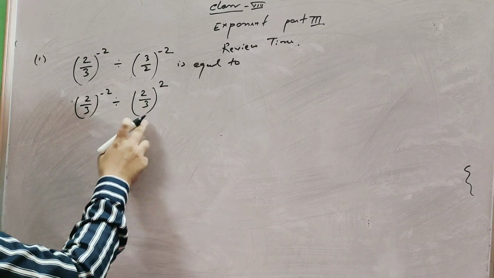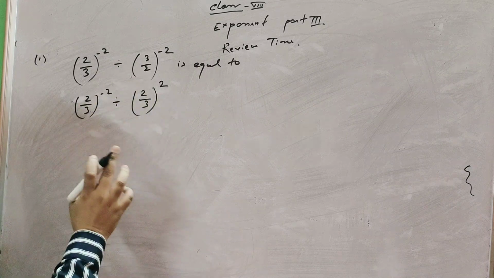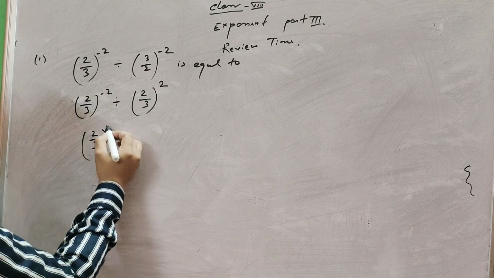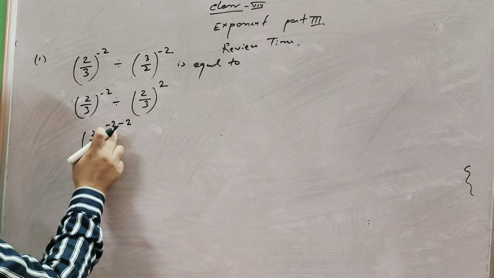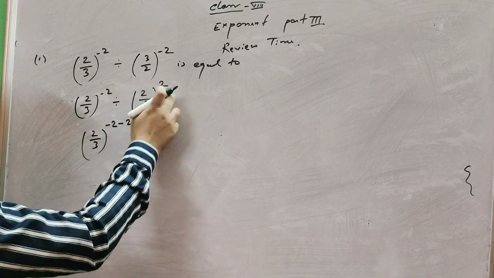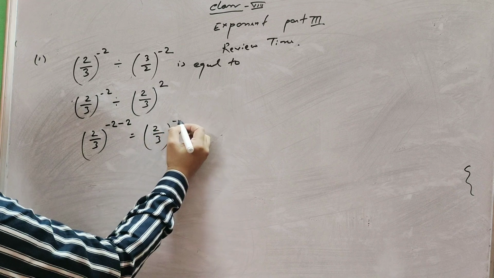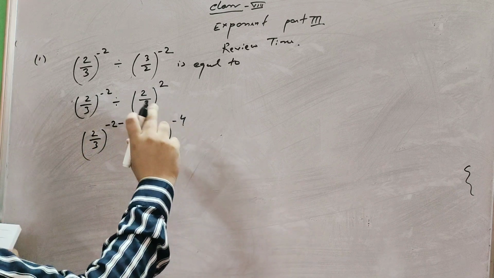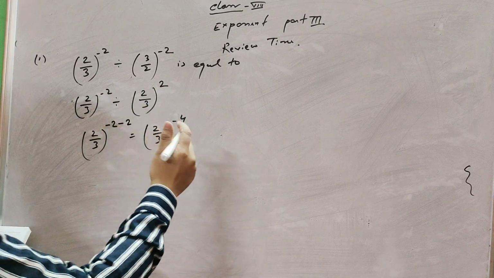We know that when the same base is divided, we subtract the powers, and here both are minus. So 2 upon 3 to the power minus 2 minus 2, this is minus 2 and this minus is for divide, and 2 is this one. So 2 upon 3 to the power minus 4. We know that when we want to change the sign of the power, first of all we reciprocate.